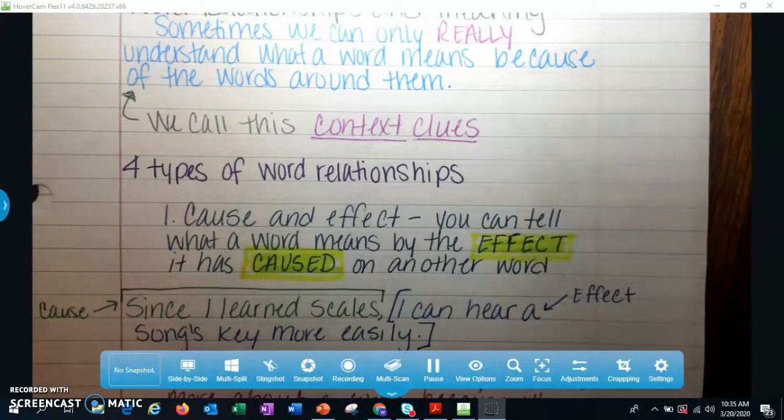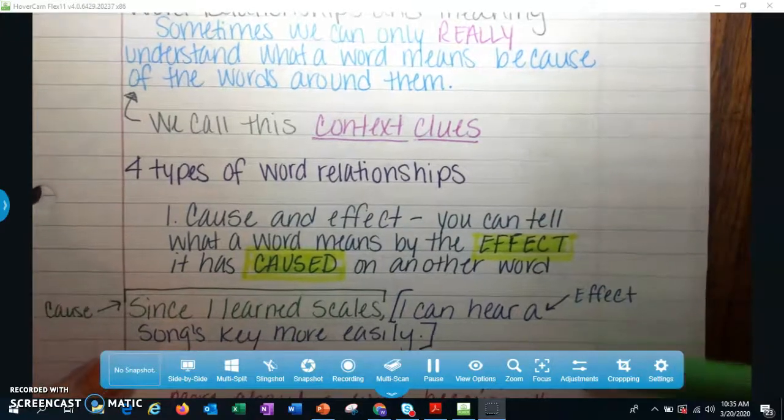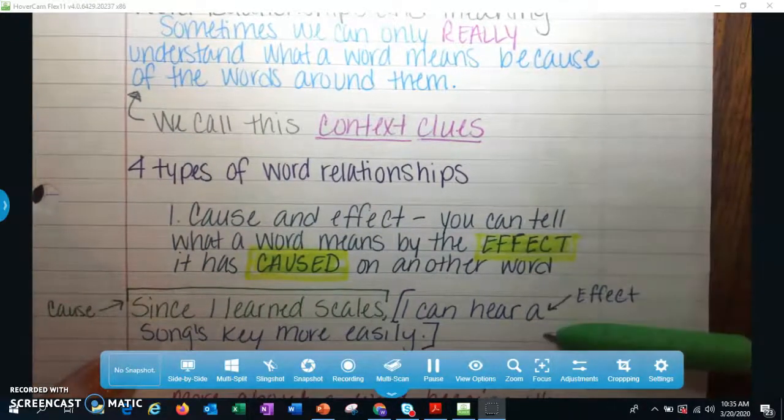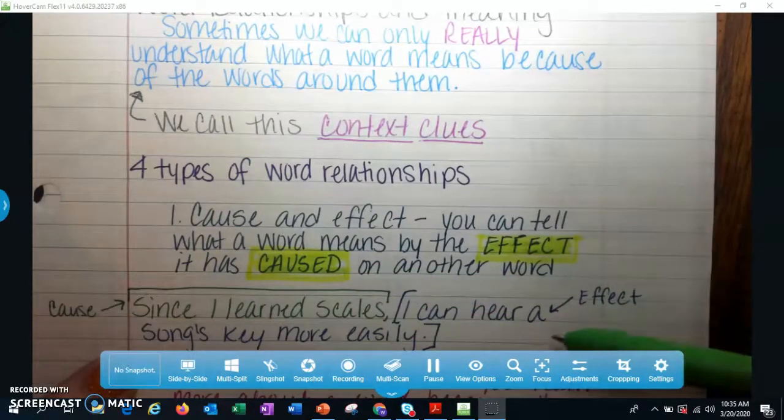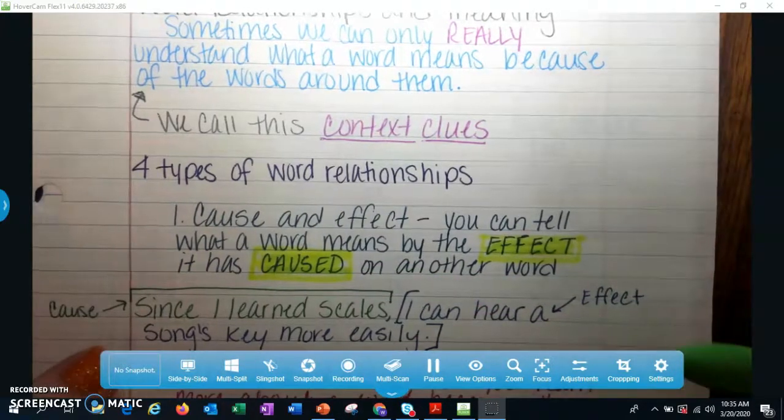So if you need to pause me at any moment, please feel free to do that so you can make sure you're writing the notes down. But cause and effect. So the sentence that I gave you is, since I learned scales, I can hear a song's key more easily. Well, because of this, because I learned scales, I can hear a song's key. Okay?